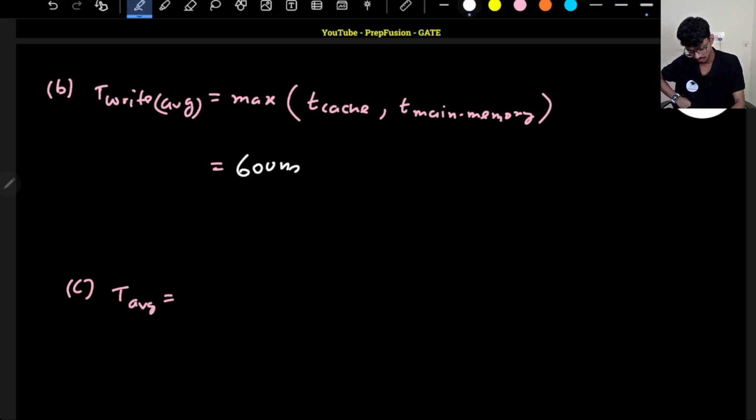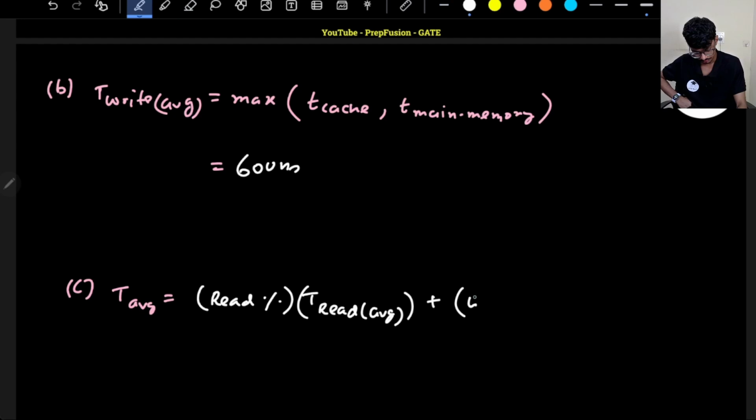This will be read percentage into T read average plus write percentage into T write average.